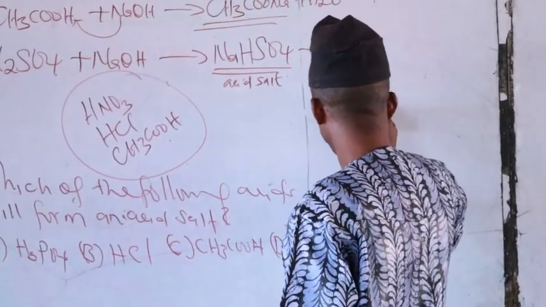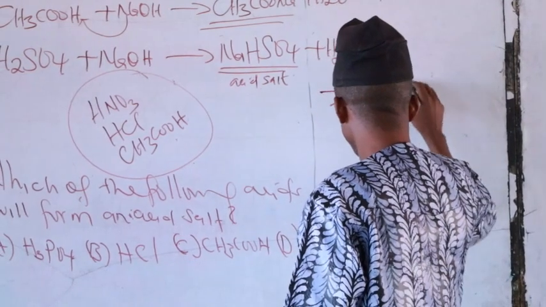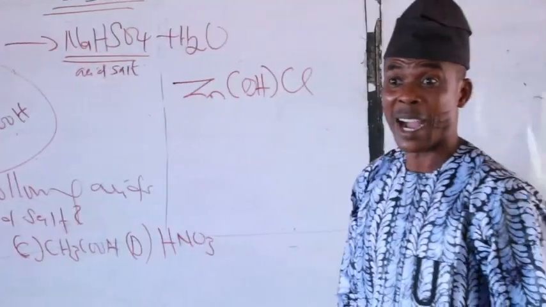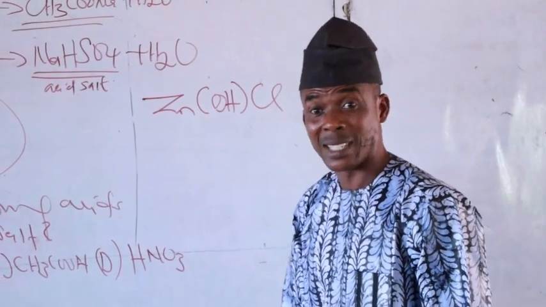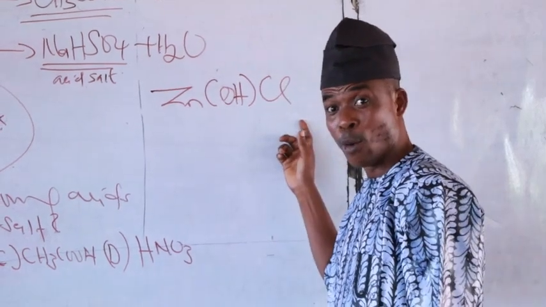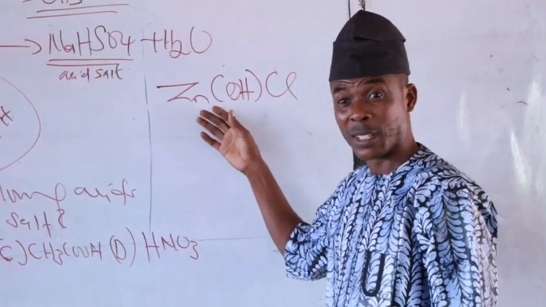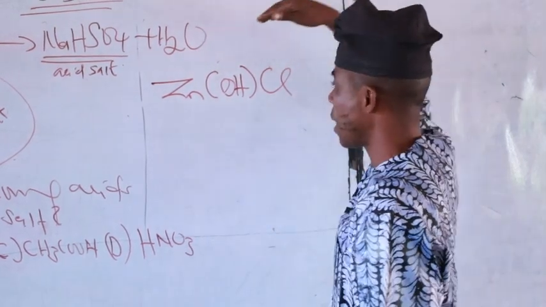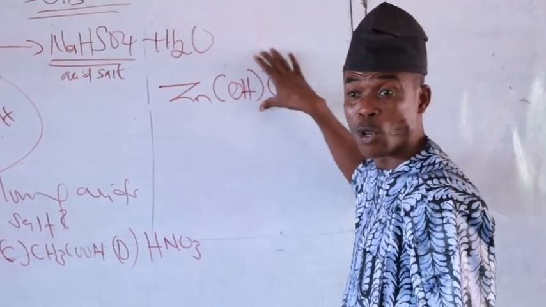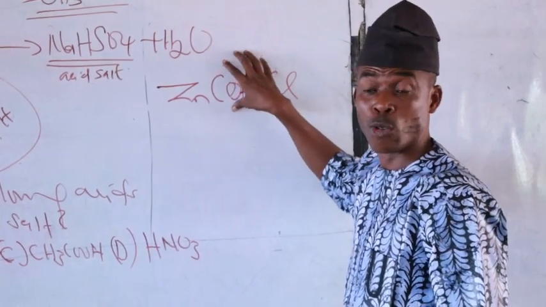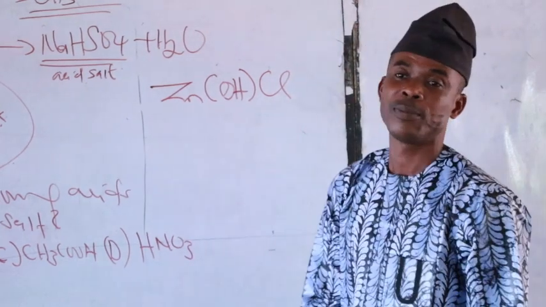You have Zn(OH)Cl. Ordinarily, when there is enough acid to neutralize the base, what you are going to get is zinc chloride. But what you have now is zinc hydroxychloride. If you add more acid to this, the hydrogen ion in the acid will take away the OH and form water.